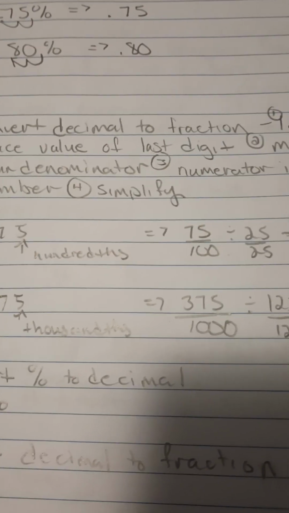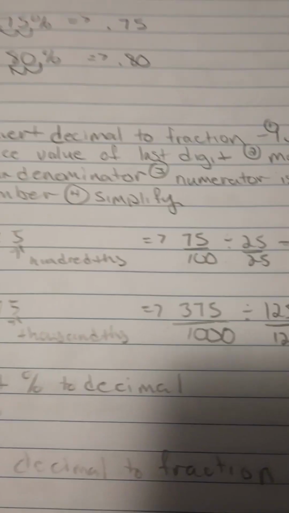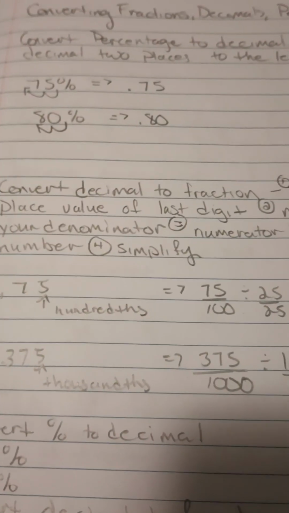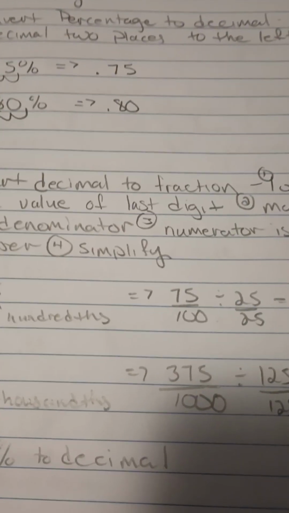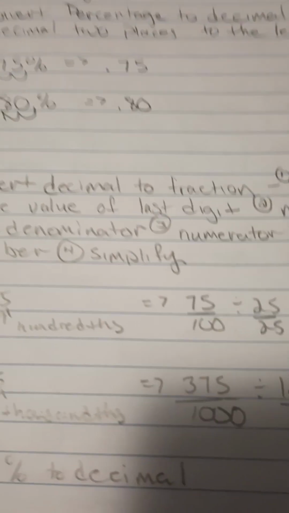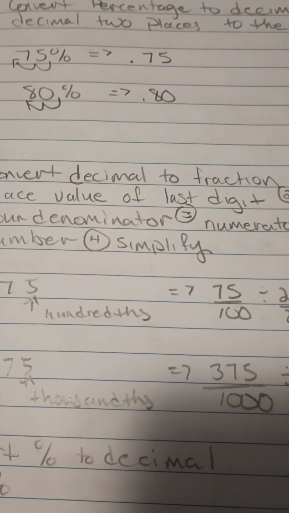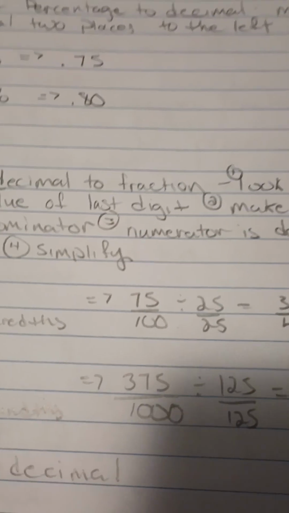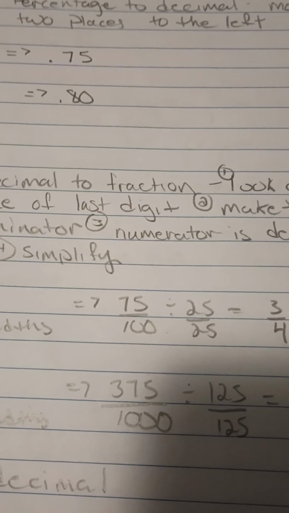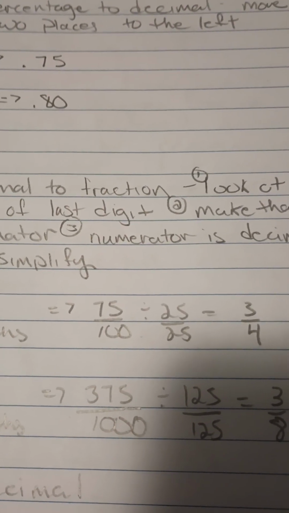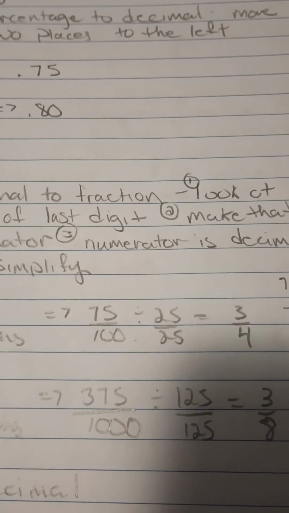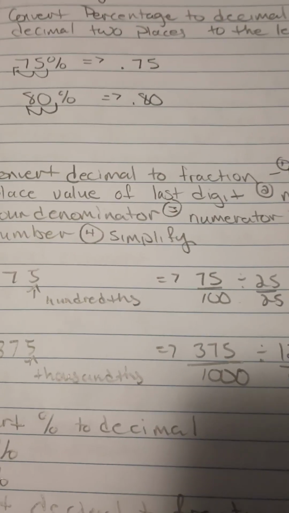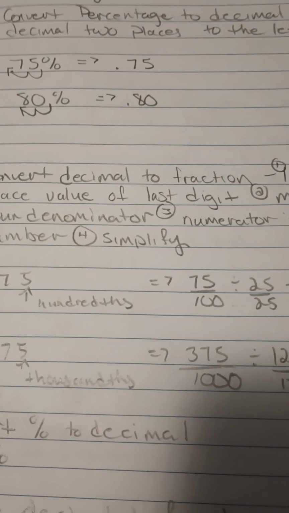So that means that I'm going to write that number as a fraction with 100 in the denominator. Then I'll reduce it. So I have 0.75 becomes 75 over 100 because the 5 is in the hundreds place. And then to simplify it, I can divide both the numerator and the denominator by 25, and it simplifies to 3/4.